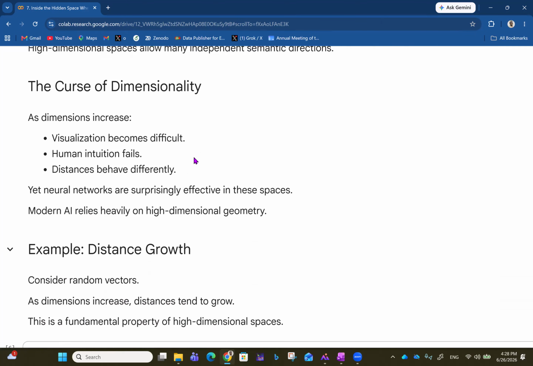Machines cannot understand our language, but by putting our language into their language, into vectors, they can understand. In that domain, humans find it difficult, but machines can do a better job. And then when we partner together like that, we get things better. So neural networks are surprisingly effective in these spaces. Modern AI relies heavily on high dimensional geometry.